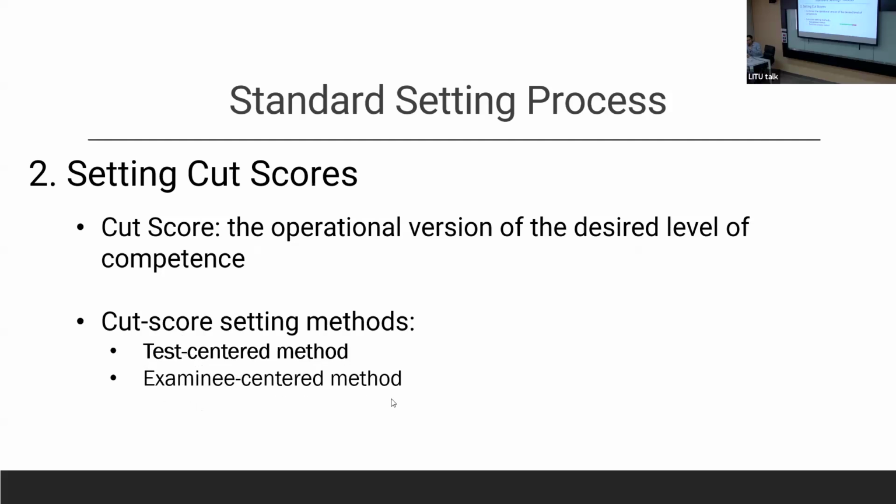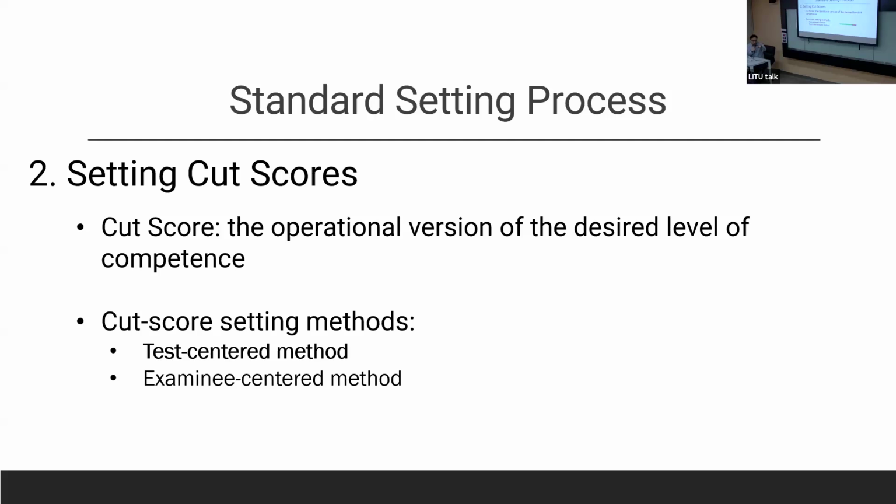What is the examinee-centered method? So let's see, to conduct the examinee-centered method, all examinees or students must have their recent test scores, right? And then your teacher, you know students very well. And then your job is to identify the borderline students.